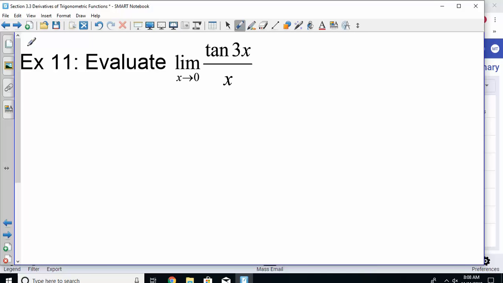If I look at this one, can't I just plug in my 0? No, because I get 0 on both the top and the bottom, so that doesn't work. Do I have a limit rule for tangent? No, only for my sine. So let's rewrite this. Tangent can be written as sine over cosine, and each of them would get that 3x.